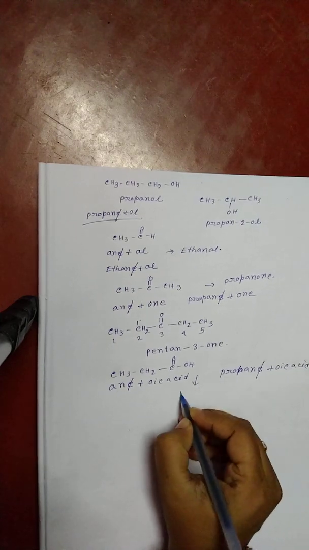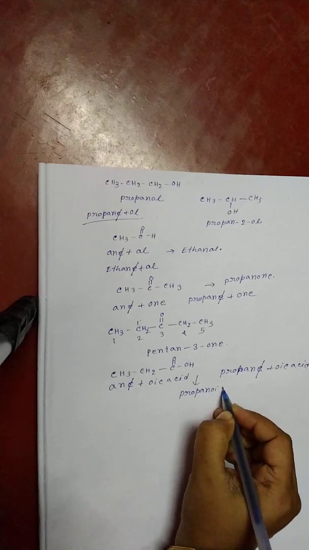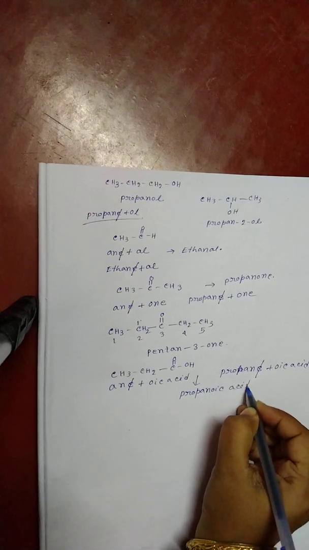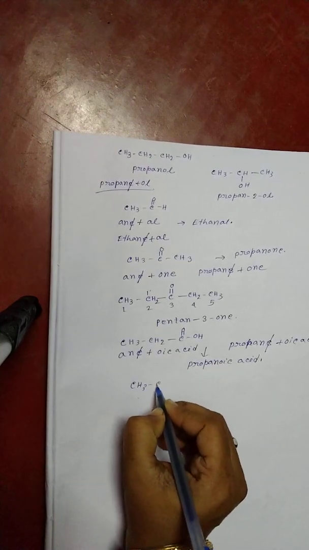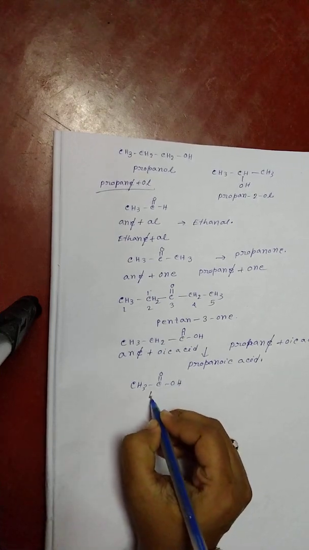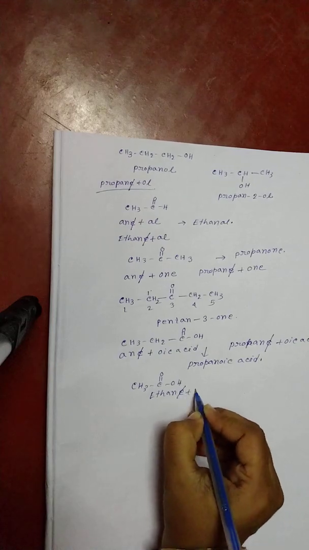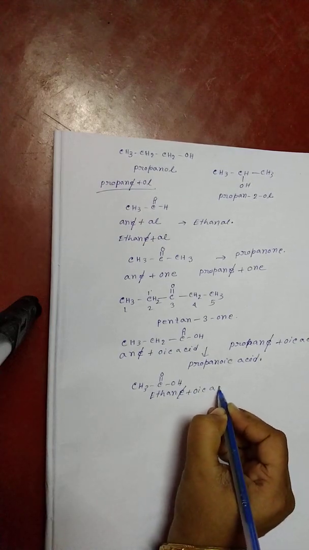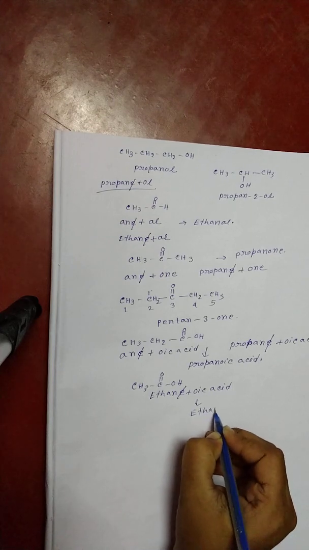So this is propanoic acid. I am taking another example, CH3 C double bond O OH. 2 carbons are present there, that is ethane. We remove e and add oic acid. So this is ethanoic acid.